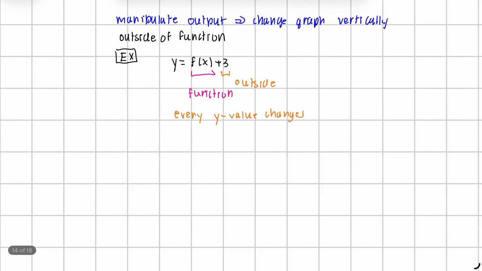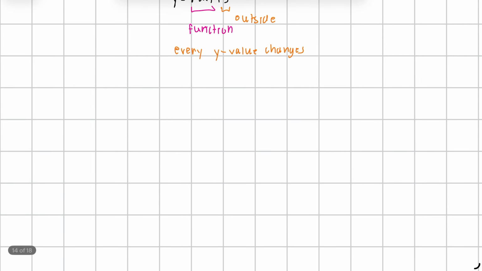So our rule for vertical shifts is that y equals, for example, f of x plus k. And if you have a positive value for k, you're going to shift your graph up. And if you have a negative value for k, you're going to move downwards.